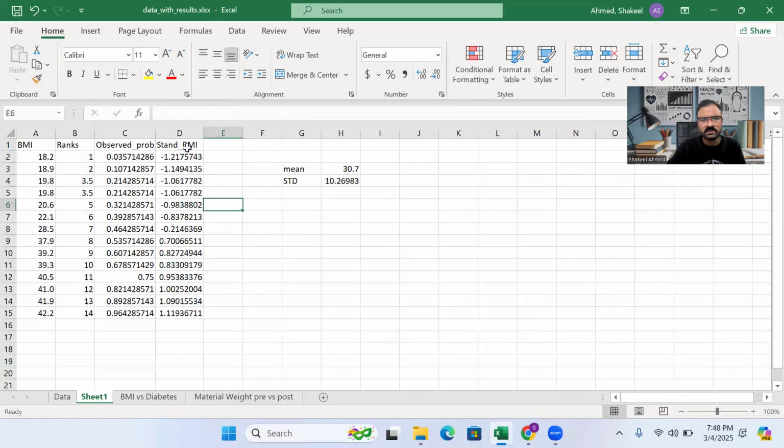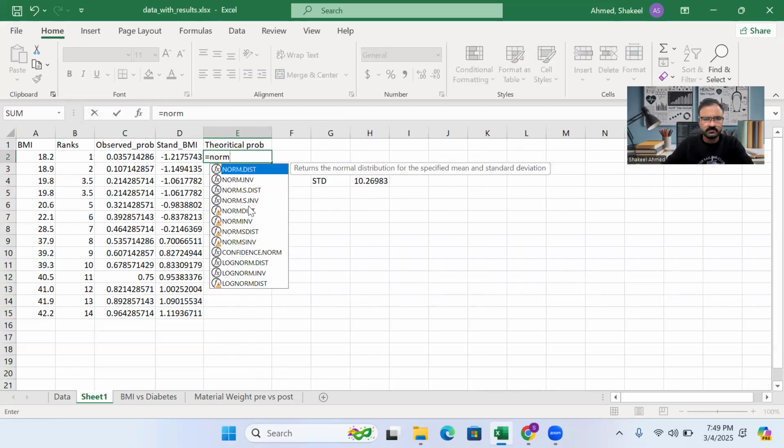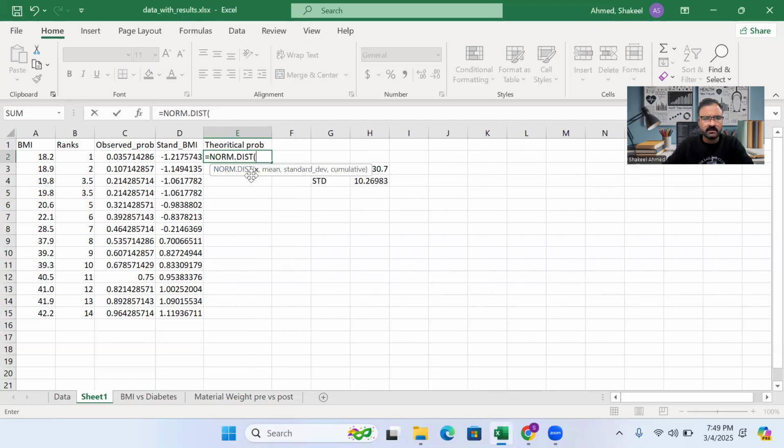Now, using the standardized values, we can find the cumulative probabilities. These are called theoretical probabilities. That is normal distribution. And what is x? X is the BMI, and mean is 0, and variance is 1.